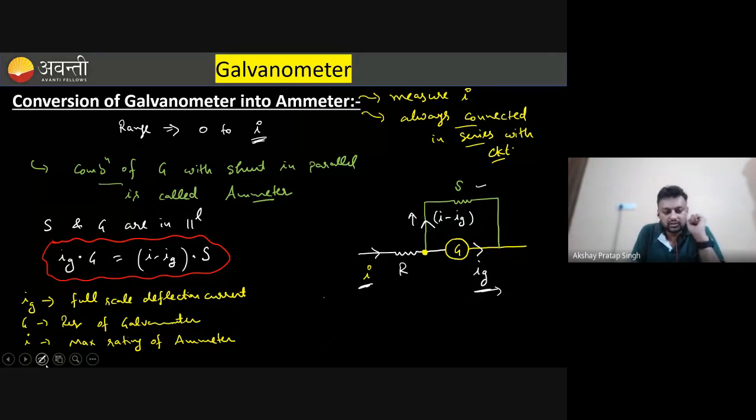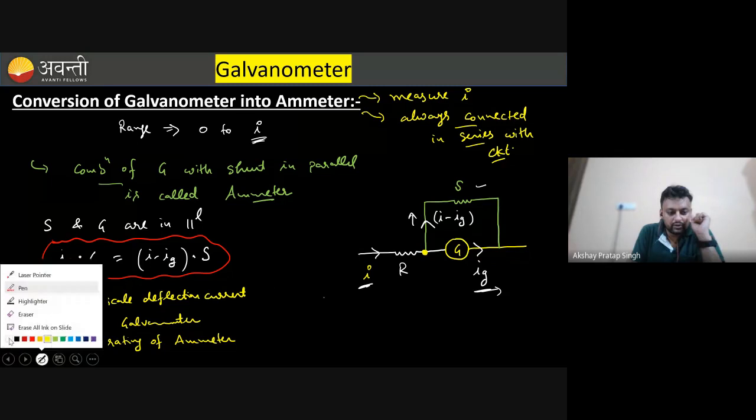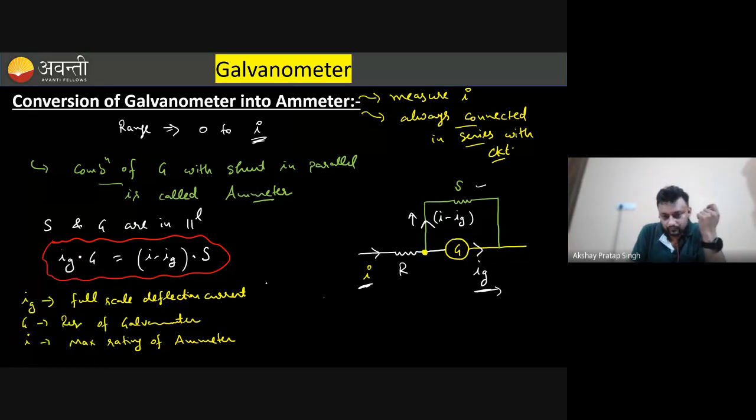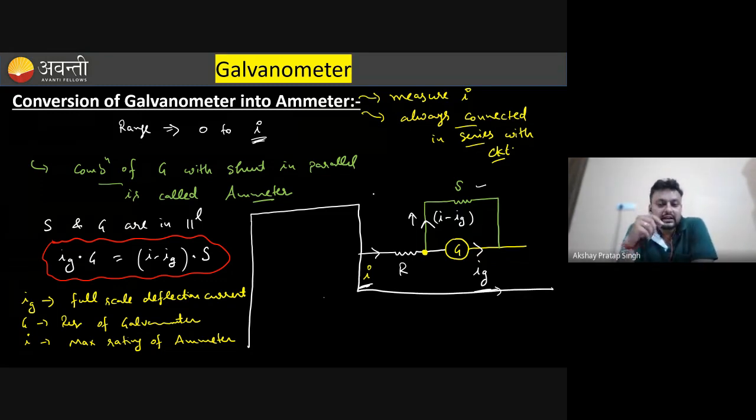Now, one more thing, which is again very important about the ammeter. It is a very famous question of the NEET exam: what is the effective resistance of the ammeter, or what is the resistance of the ammeter?